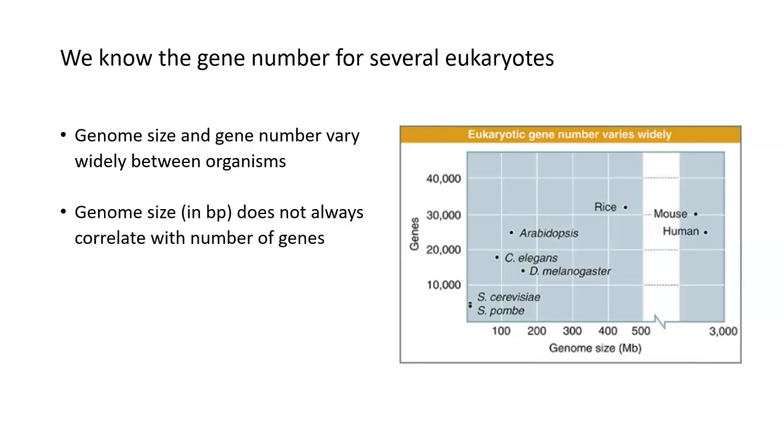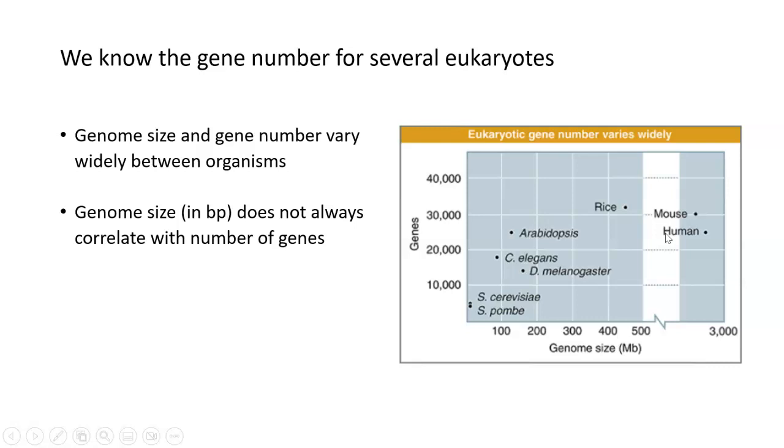And so ultimately, this leads us to the statement that the size of the genome, how many base pairs there are, how many A's, T's, C's, and G's, does not always correlate with how many genes an organism has. There's not always going to be a relationship where a bigger genome means more genes, right? Because in the case of humans right here, they have a bigger genome than rice, but they have fewer genes.